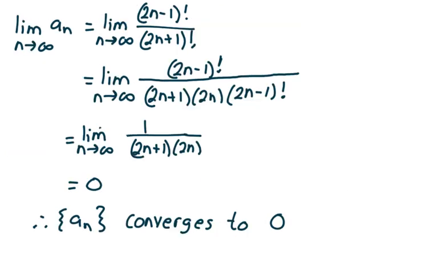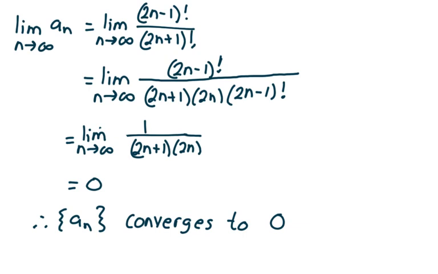So if we look over here, the limit as n goes to infinity of a sub n is equal to the limit as n goes to infinity of 2n minus 1 factorial divided by 2n plus 1 factorial. But this can be written as the limit of 2n minus 1 factorial divided by 2n plus 1 times 2n times 2n minus 1 factorial.